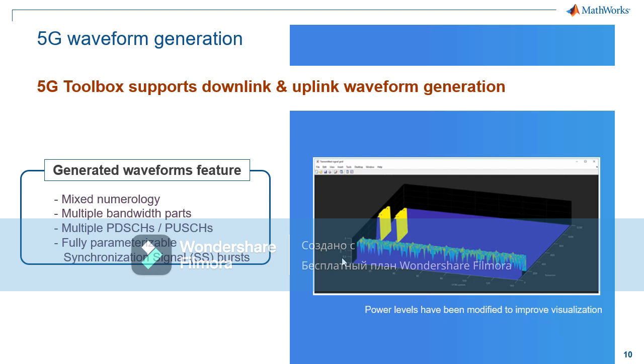And as you can see, the generated waveforms in 5G Toolbox allow you to have mixed numerologies, signals and waveforms of various subcarrier spacing, multiple bandwidth parts, each bandwidth part associated with a different user or UE, and multiple physical downlink or physical uplink shared channels.